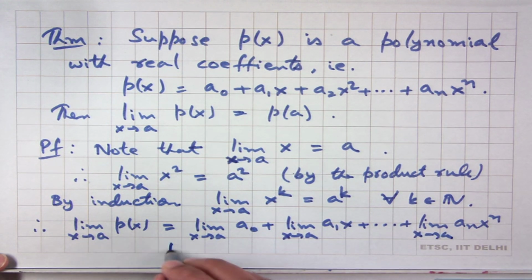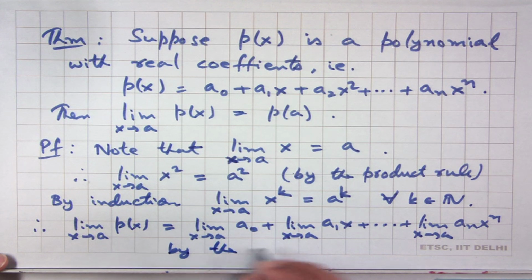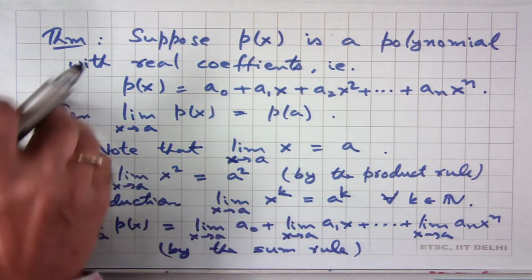This is by the sum rule. And then you use that limit of a constant times a function is constant times the limit.